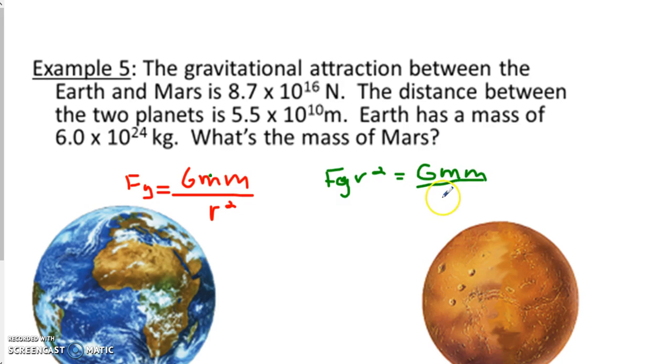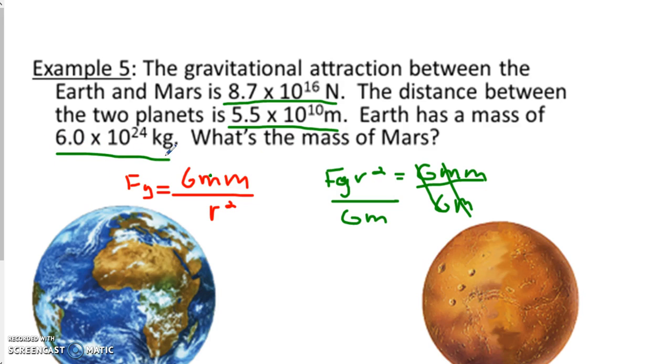So we're going to divide by G and M. So we have G and M on the bottom. And these cancel. So we're left with M. So in this case, we're just going to plug it in. Our FG in this case is this one. R is still this one. G is our 6.67, and then our mass is here.